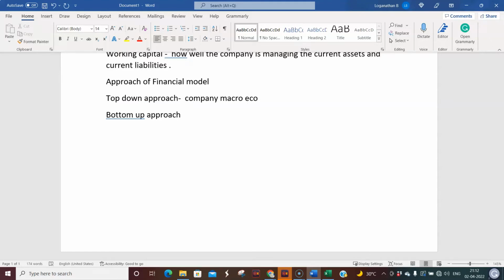macroeconomic point of view. It means that the company has to see what is the market share that it has captured.